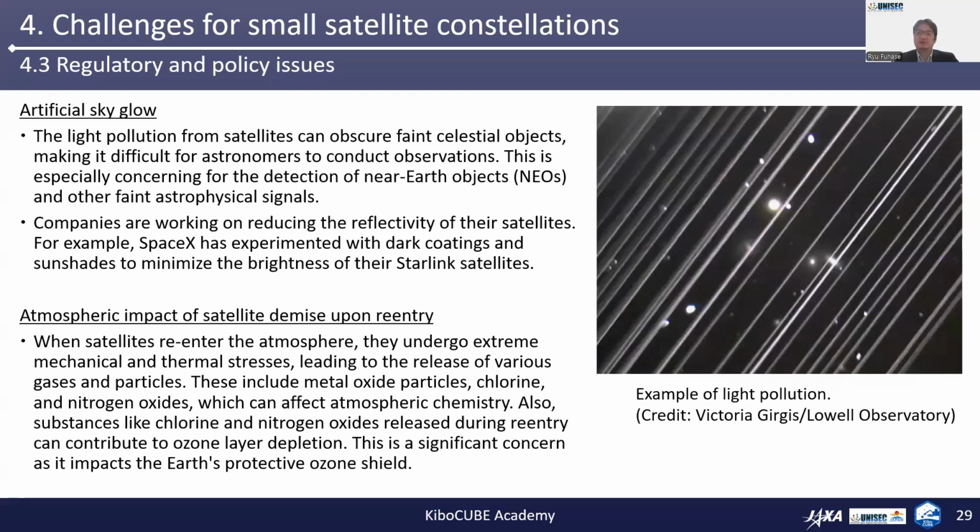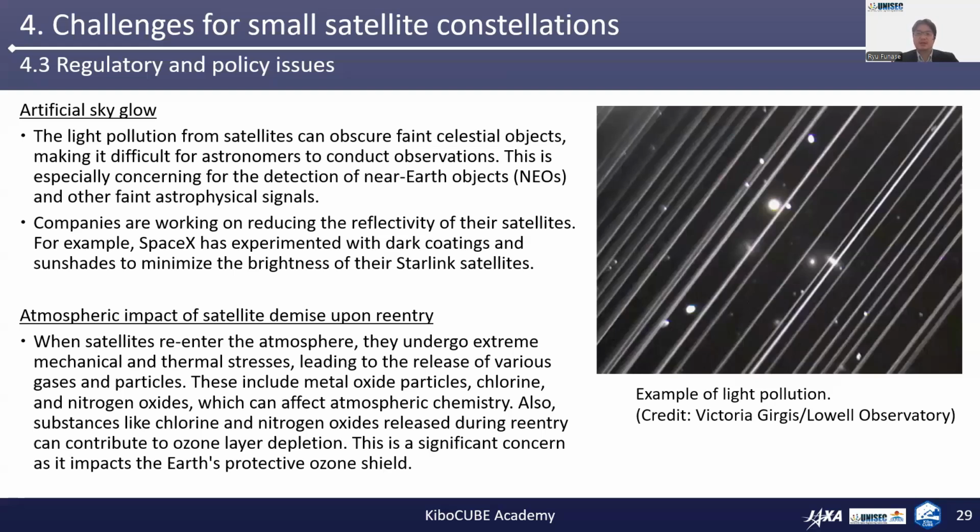Companies are working on reducing the reflectivity of their satellites. For example, SpaceX has experimented with dark coatings and sunshades to minimize the brightness of their Starlink satellites. The effects of satellite re-entry on the atmosphere have also begun to draw attention in recent years. When satellites re-enter the atmosphere, they undergo extreme mechanical and thermal stresses, leading to the release of various gases and particles.